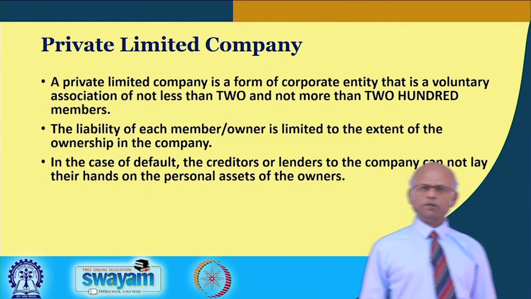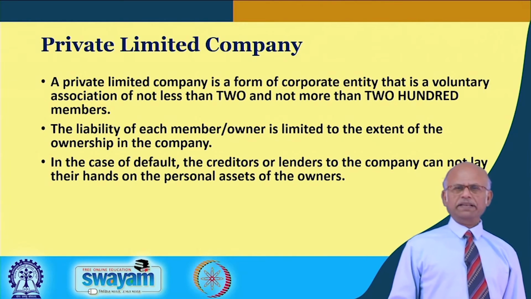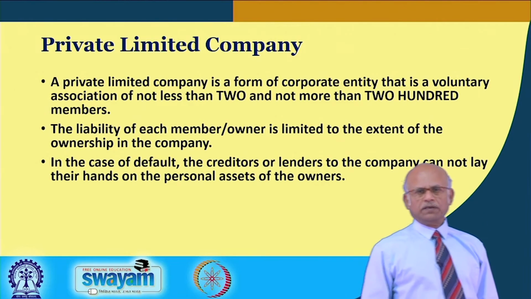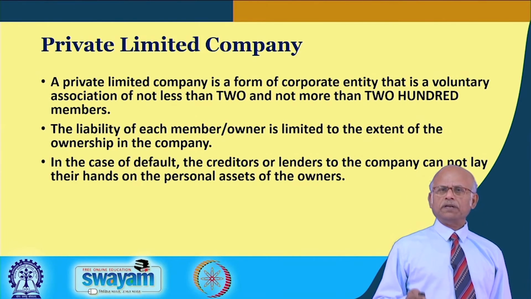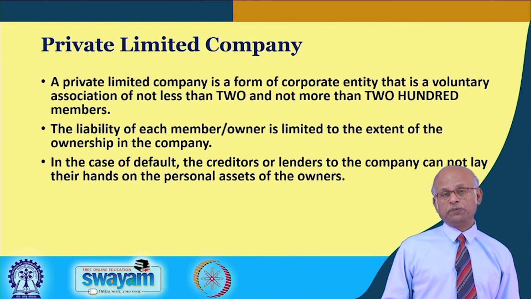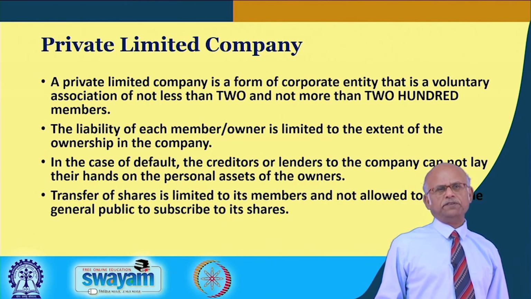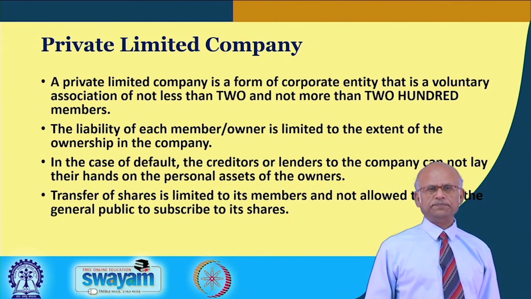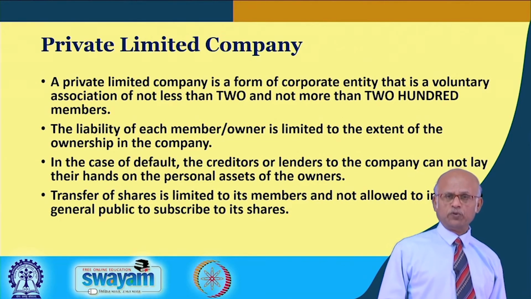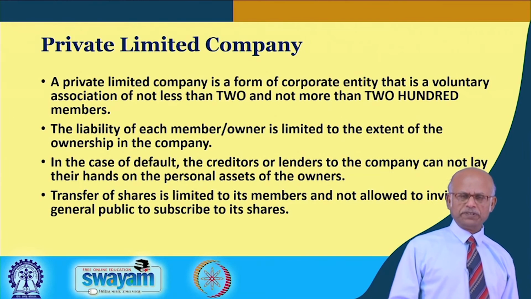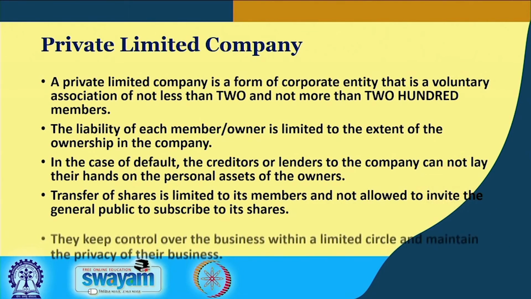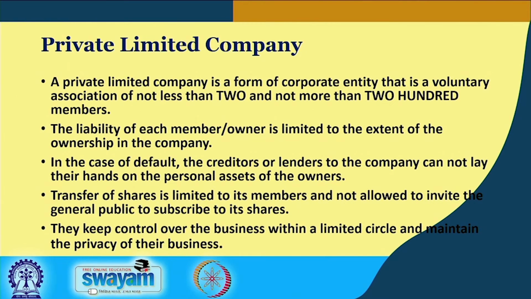In case of default by the company, the lenders or creditors cannot lay their hands on the individual's personal assets. That is the benefit of a limited liability company. And here the shares owned by individual members cannot be transferred to outsiders. They can transfer the shares within the private limited company itself, not outside.